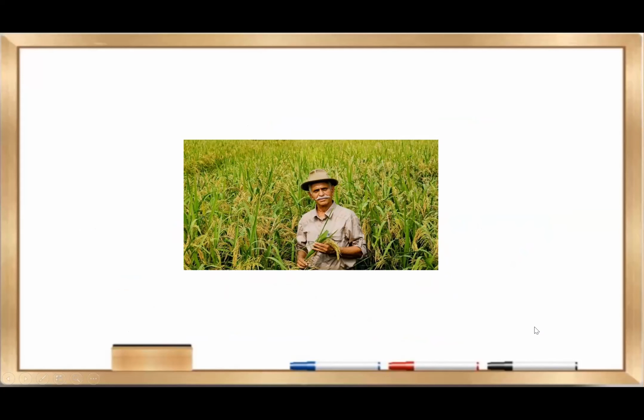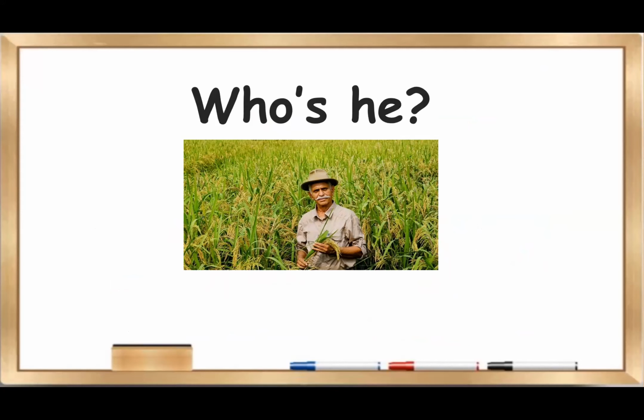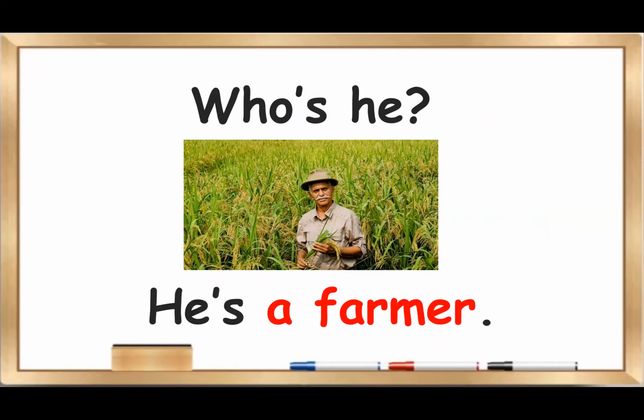For this picture, since this is a man, our question is, who's he? We use he because the one in the picture is a man. So the question is, who's he? And the answer, he is a farmer. He is a farmer.